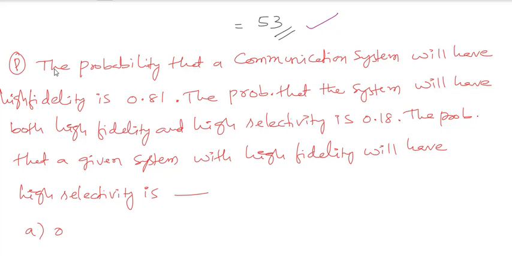This is the question. Option A 0.181, option B 0.191, C 0.222, D 0.826. Okay, this is the question.